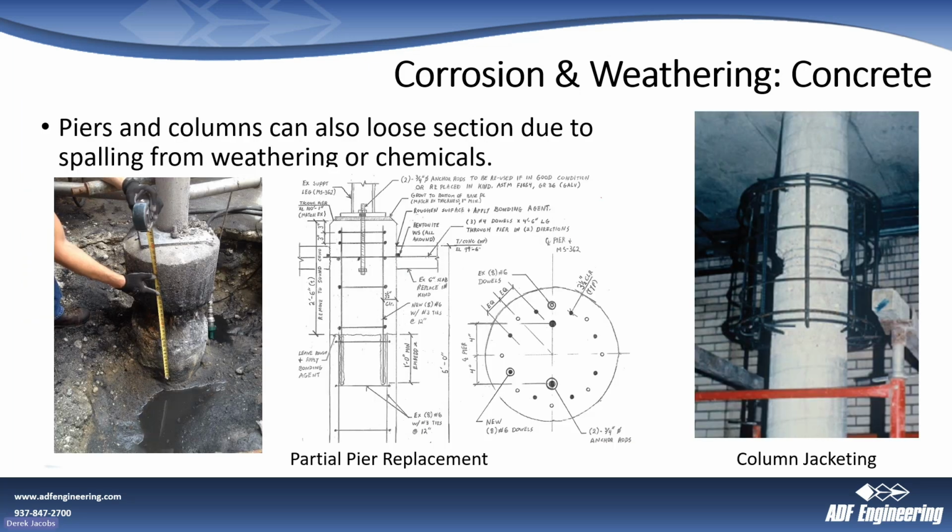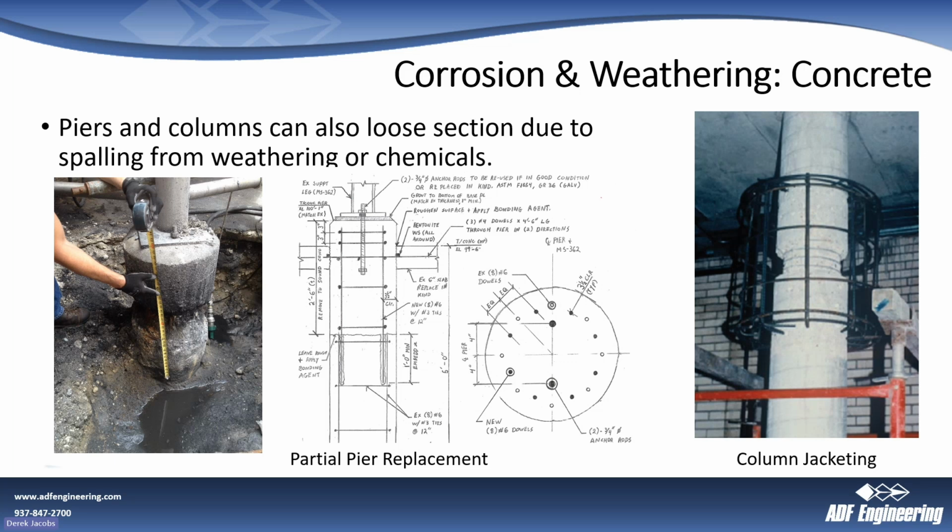Columns, same way. You'll see corrosion if you have a concrete column against the ground or through your floor slab, and you have material sitting up against it that can eat it away. If it's outside, you can have freeze-thaw damage. When we see these losses in the section, sometimes we'll do a full replacement if we can get the load off there.